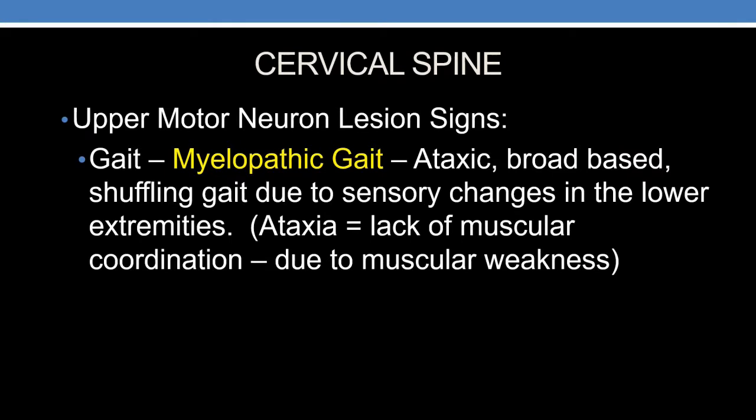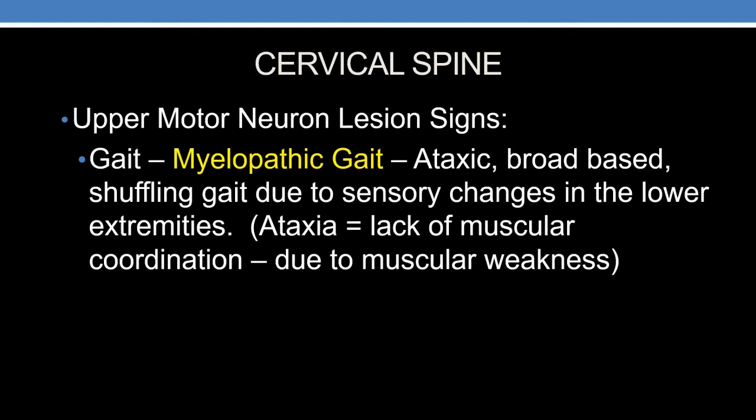And then finally, let's talk about gait for a moment. We'll get more into gait as we go along into the lumbar spine. But in the presence of myelopathy, we're going to see some disruption in the gait for the reasons that we've already talked about.